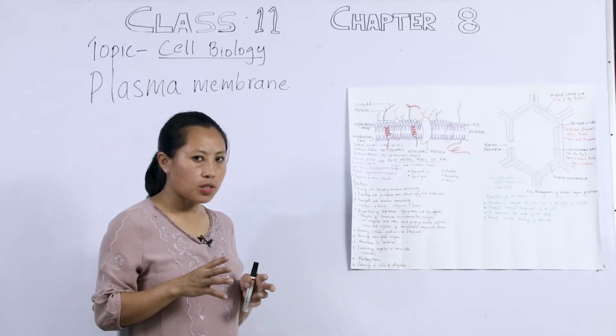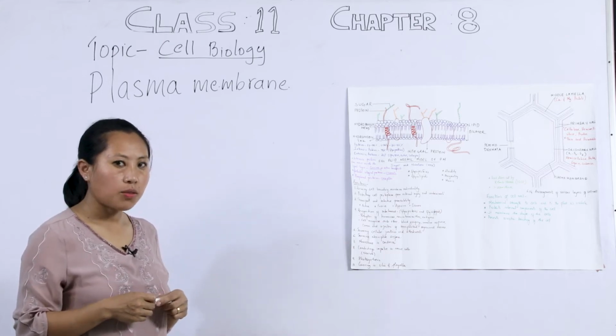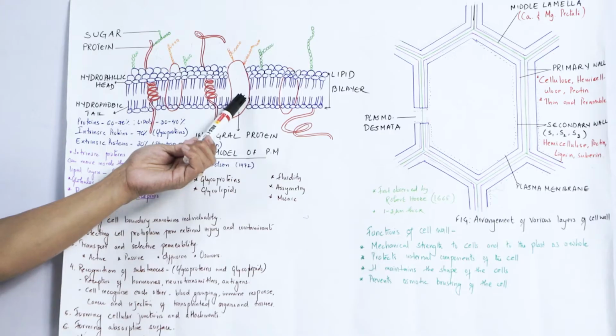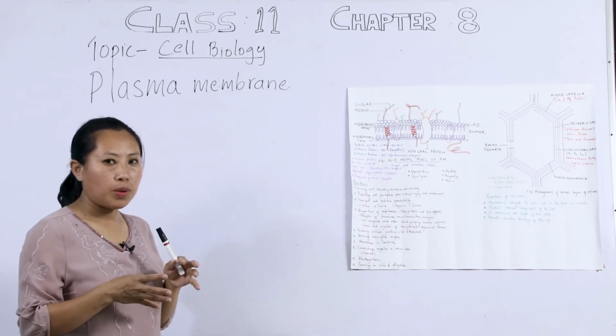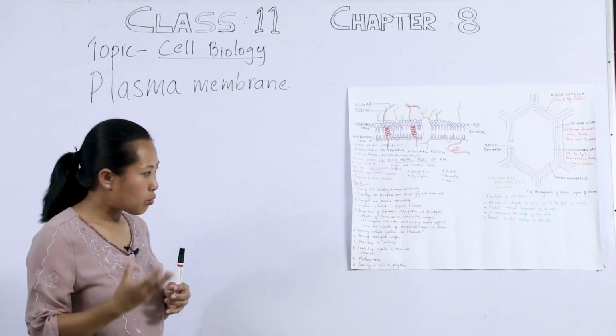Some of the intrinsic proteins can move inside the lipid layers, and they serve as carriers for active transport. This is an example of an integral protein. They can rotate inside the lipid layers and carry molecules for active transport.